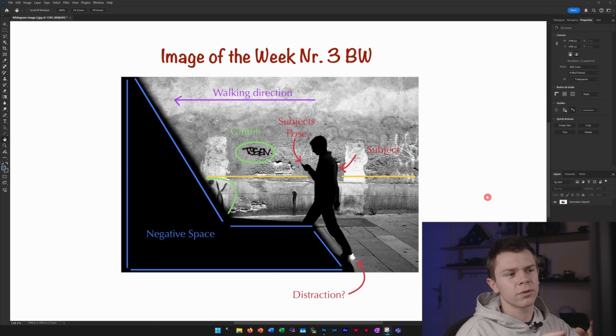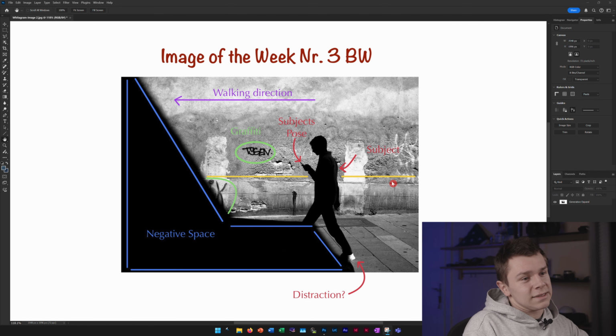Not having straight horizon lines also adds a kind of distraction, because your eyes see immediately that it's not straight or not horizontal. So your eye gravitates towards it and doesn't look at the subject as much, and that's not my intention at least. So that's a little bit of a negative aspect, I would say, of this image.